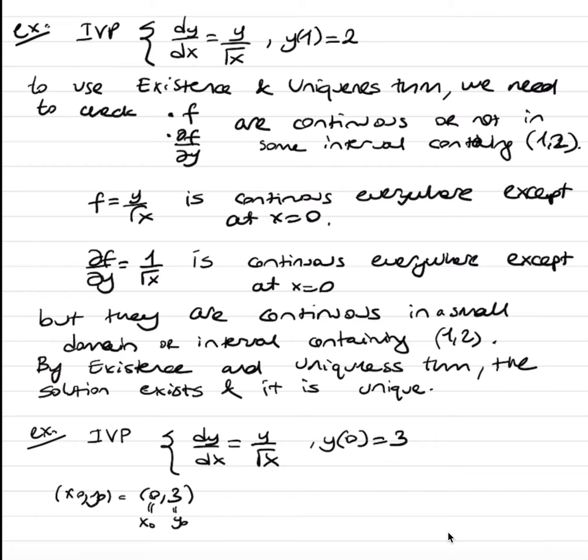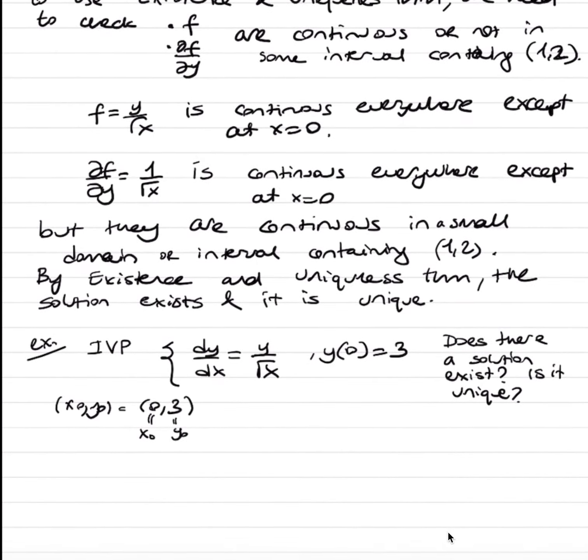So we cannot use the existence and uniqueness theorem. So the same problem: does a solution exist? Is it unique? Since f and del f over del y are not continuous at 0, we cannot conclude. The existence and uniqueness theorem doesn't say the solution does not exist, so it doesn't give any information.